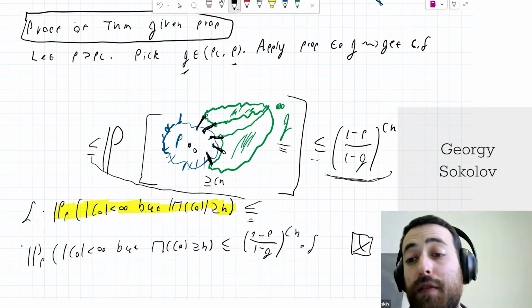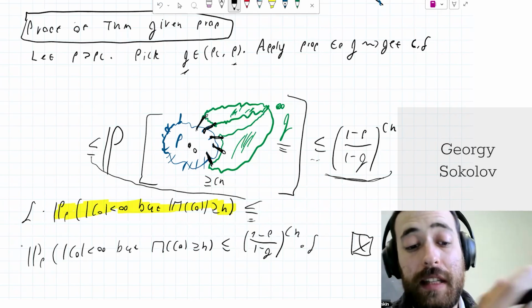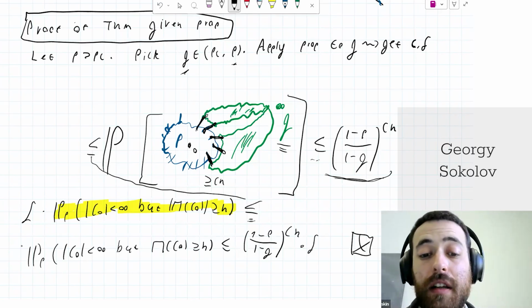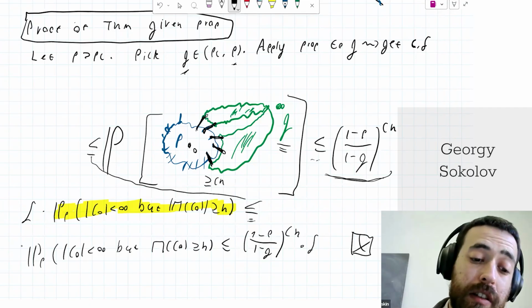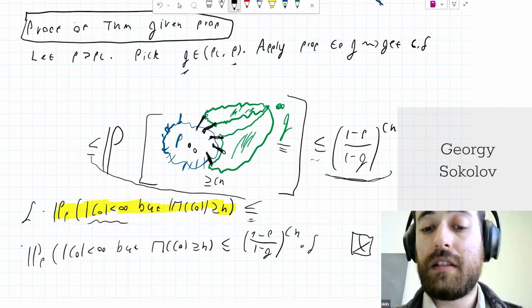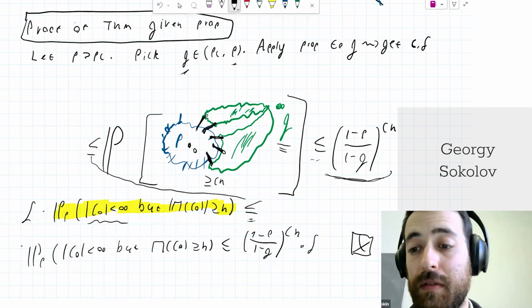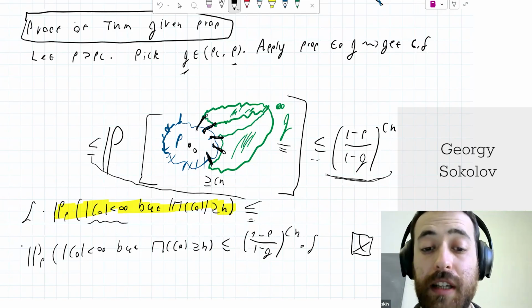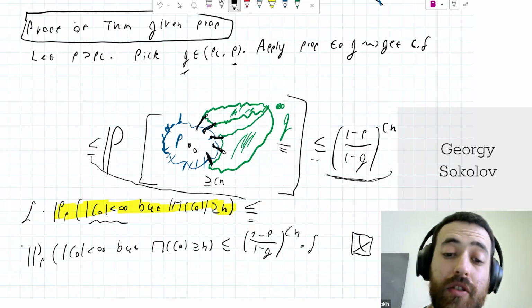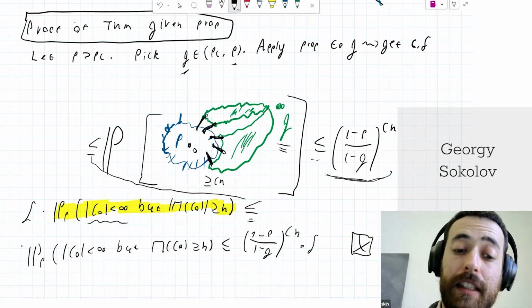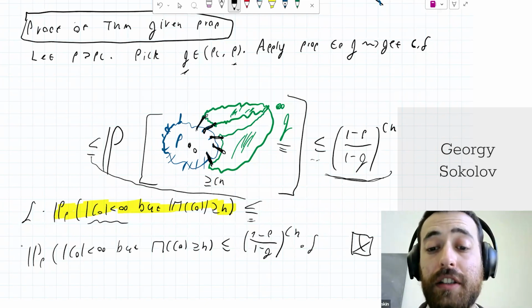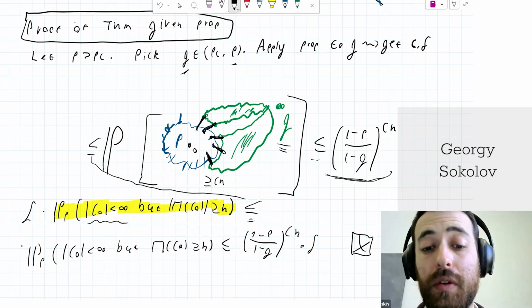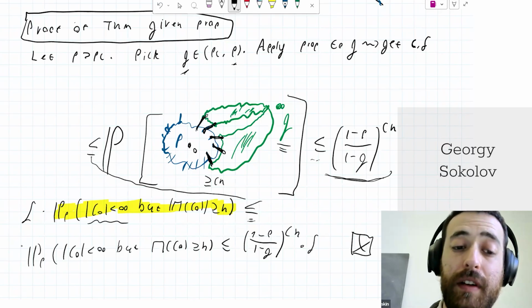If it eventually reaches 0, then I'm done, because if it contains the origin, then the origin is in an infinite component, and I don't care about this. I only care if it didn't. So I care here that the cluster is finite, and the cluster in p touches the cluster of infinity in q in at least cn places. This is the event I care about.